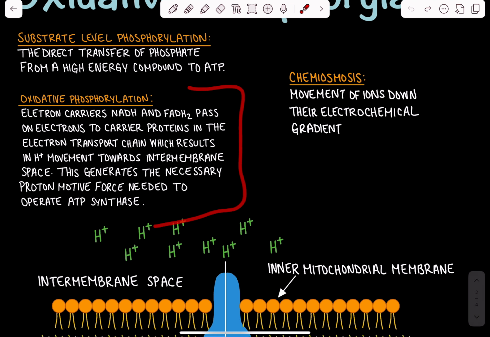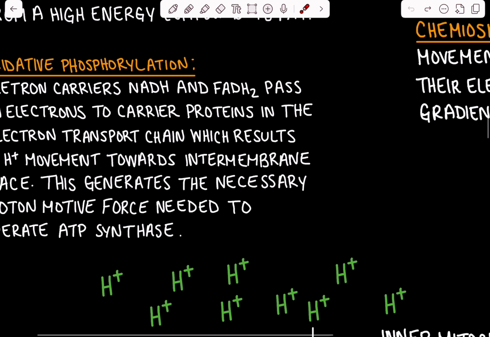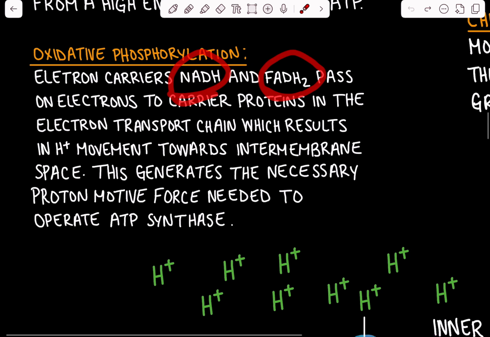And this part summarizes the electron transport chain itself. The electrons are carried via electron carriers such as NADH and FADH2. These electron carriers pass on these electrons to carrier proteins that exist within the electron transport chain.